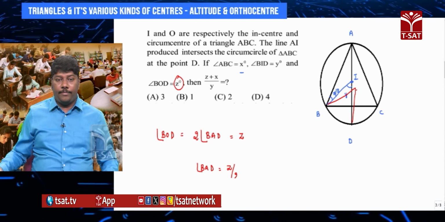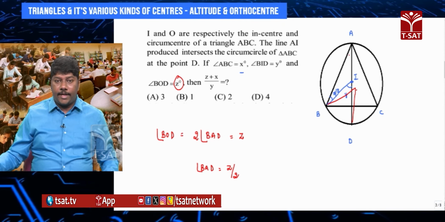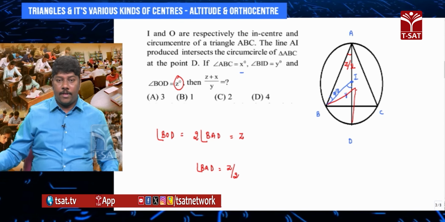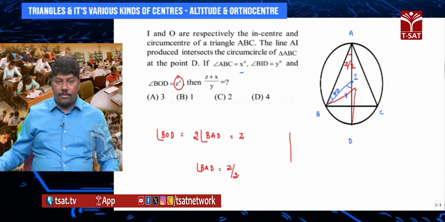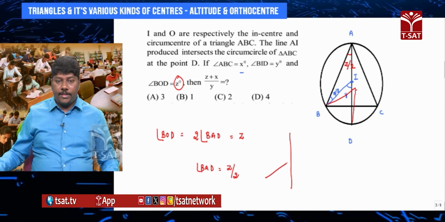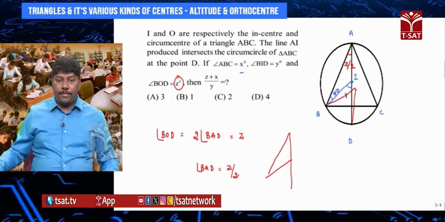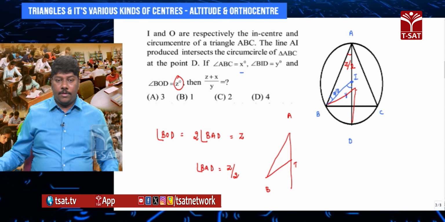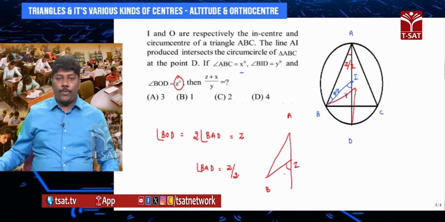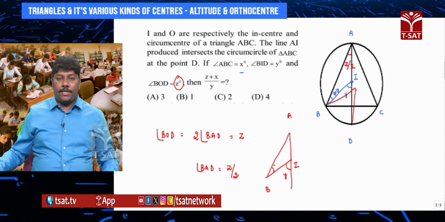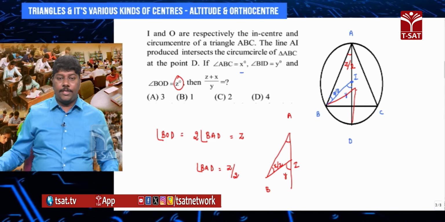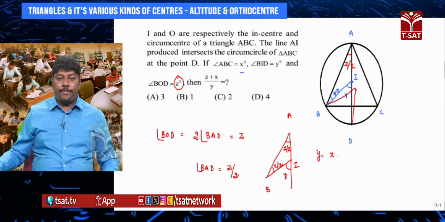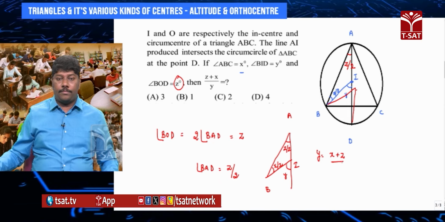So, observe carefully, concentrate on this triangle, it becomes z by 2. Now, look at this triangle BAI. For BAI, the external angle is y, this is x by 2, this is z by 2. Therefore, y is equal to x by 2 plus z by 2.